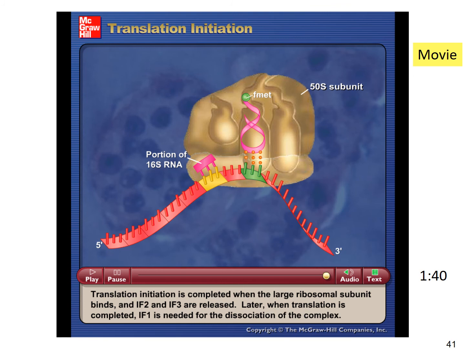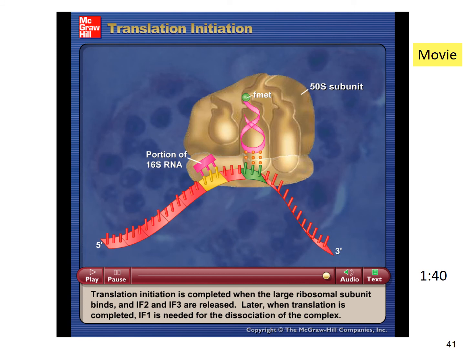This process is facilitated by a Shine-Dalgarno sequence in the mRNA, which is complementary to a component of the small ribosomal subunit called 16S ribosomal RNA. Though a shorter sequence is shown here, the Shine-Dalgarno sequence is actually 9 nucleotides long.